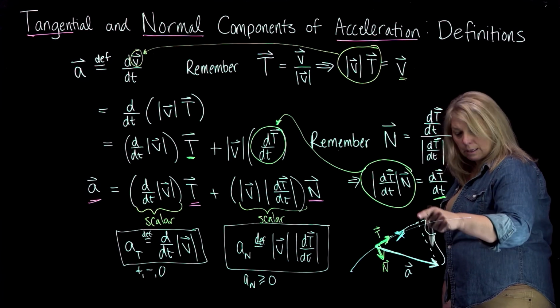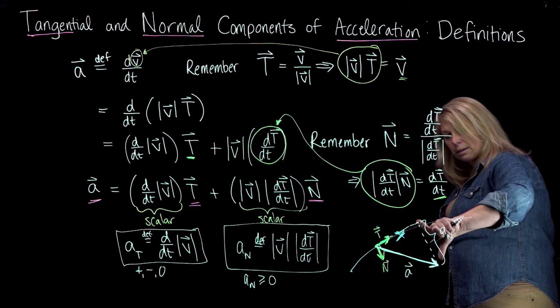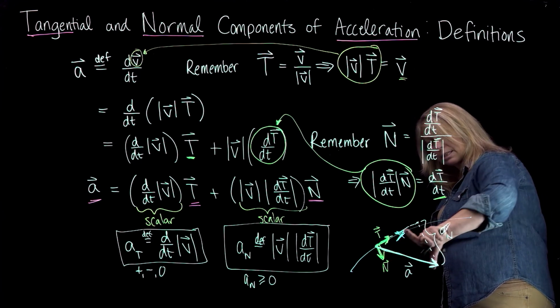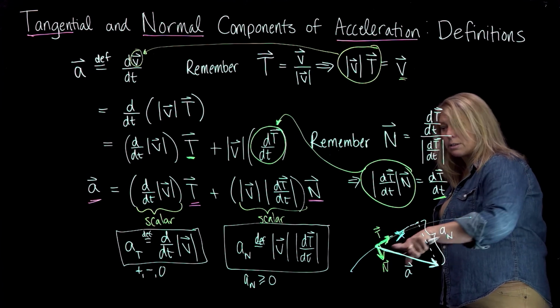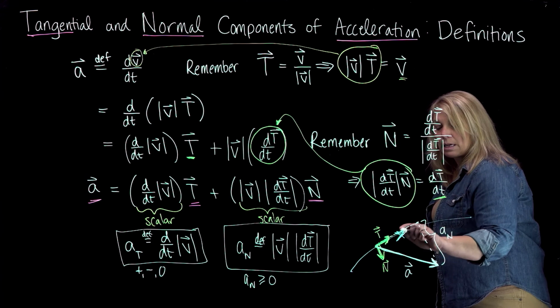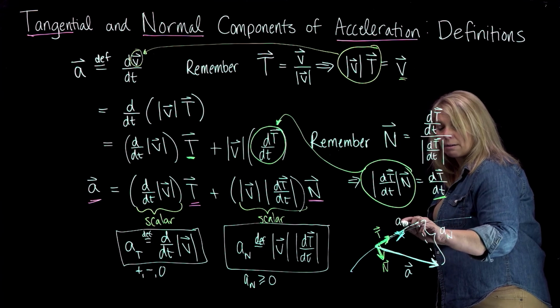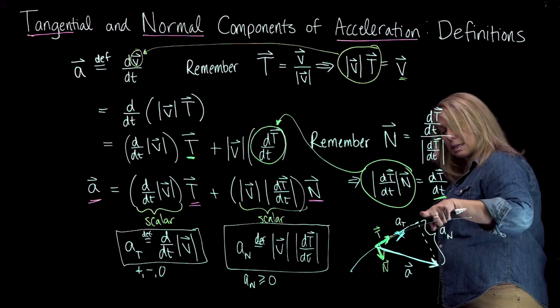So the length of this side here is the a sub n, how much that acceleration vector is lined up with the N vector. And this distance here, which remember could be negative but is not in my picture, would be the tangential component of acceleration, how much of that acceleration vector is lined up with the T vector.